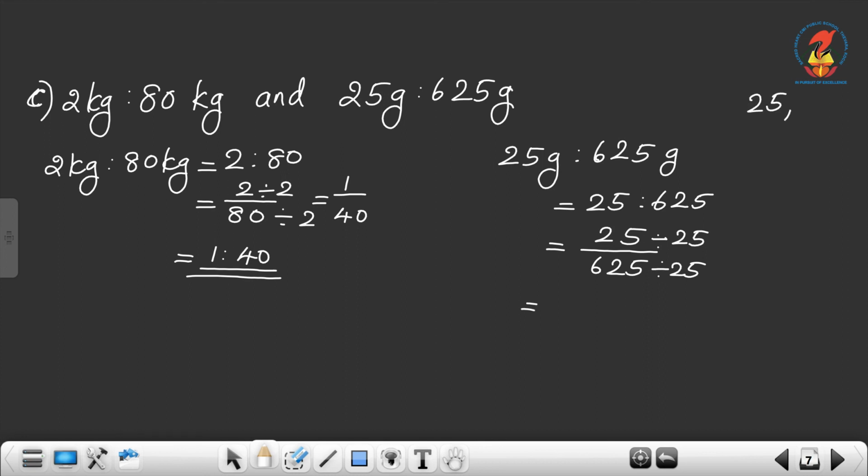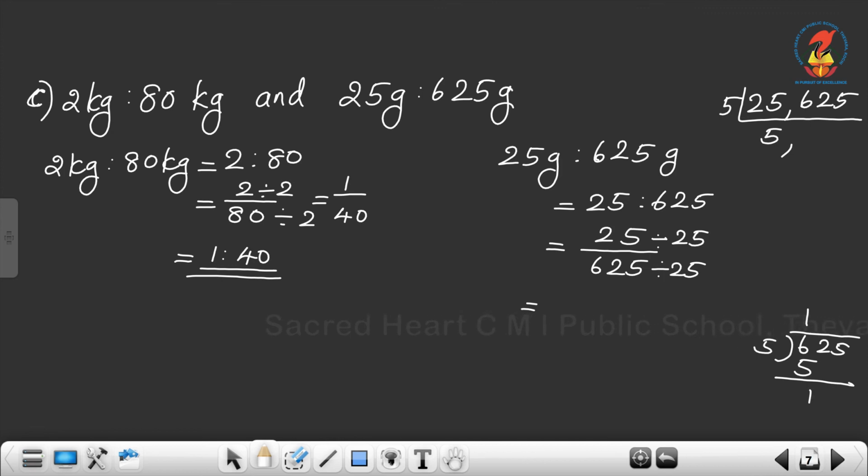Look at 25 and 625. We can do with 5: 5 fives are 25. Then 625 divided by 5 gives 125, and 25 divided by 5 gives 5.